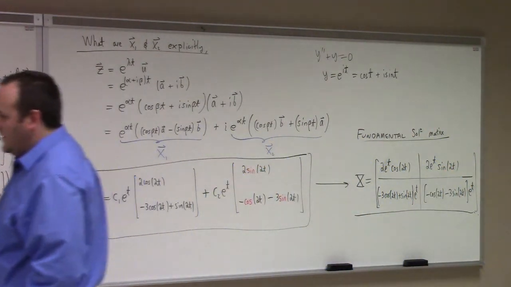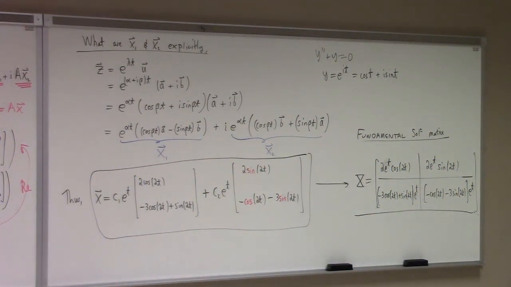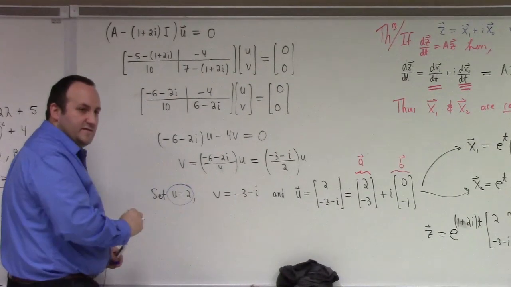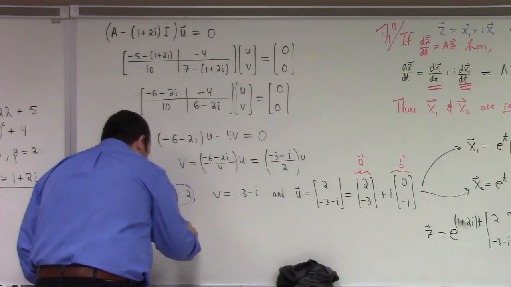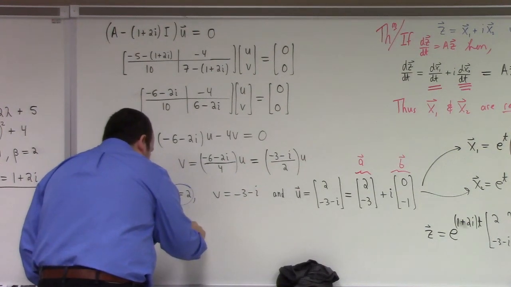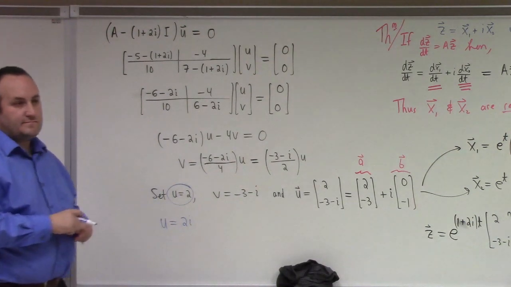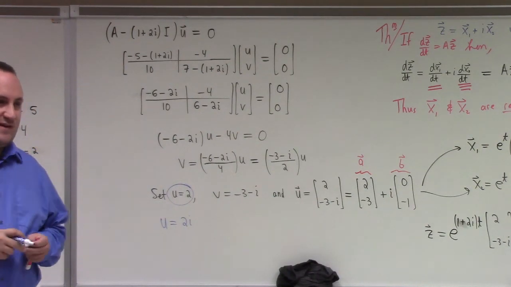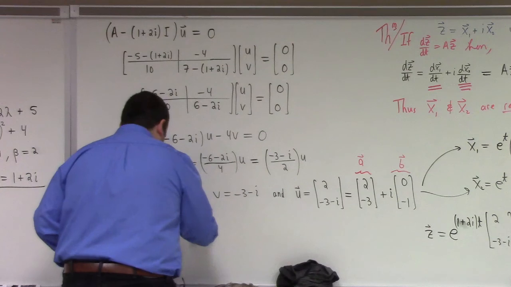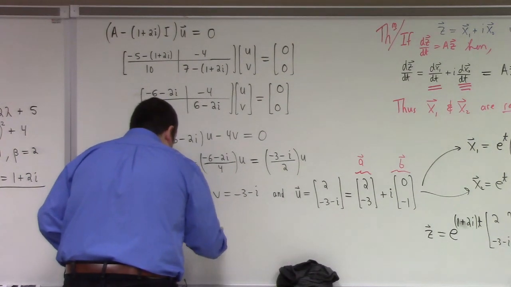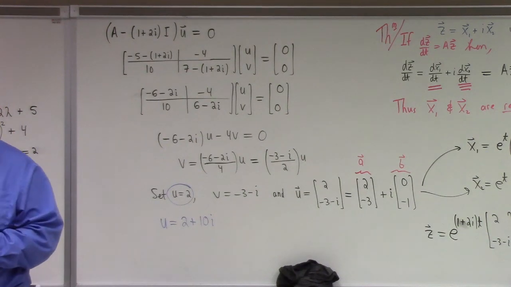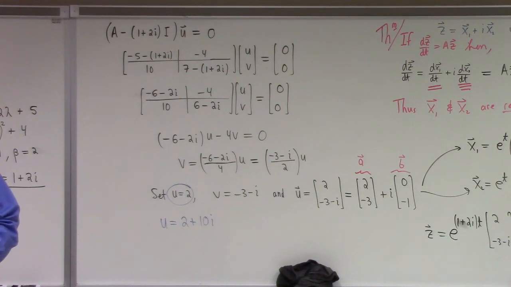Now, here we just set u equals 2, right? We could just as well have set u equal to I, or 20i, or worse yet, something like 2 plus 10i. Really any non-zero complex number will make a choice of complex eigenvector.